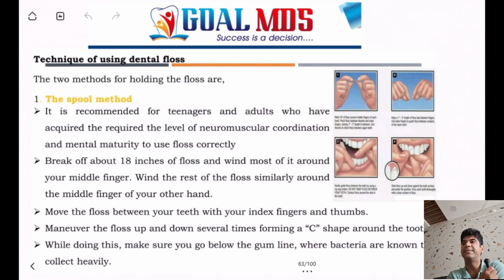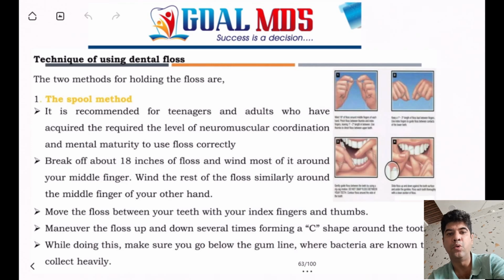Now, what are the techniques that we use for dental flossing? The two techniques are the spool method and the loop method. So remember, two methods are there.